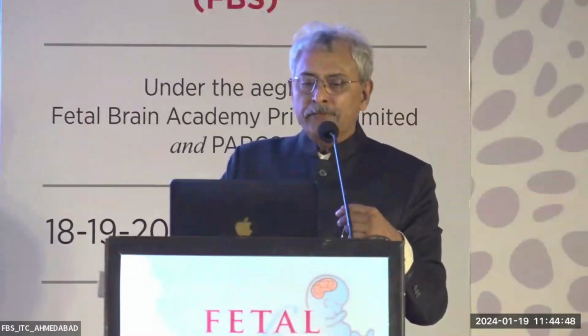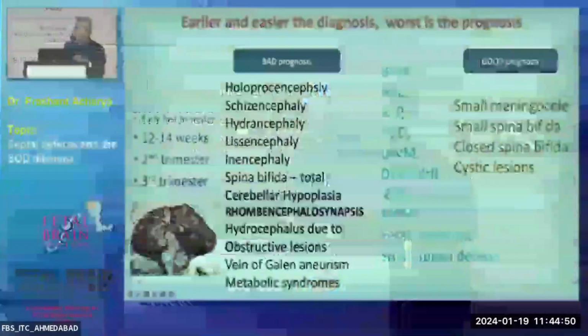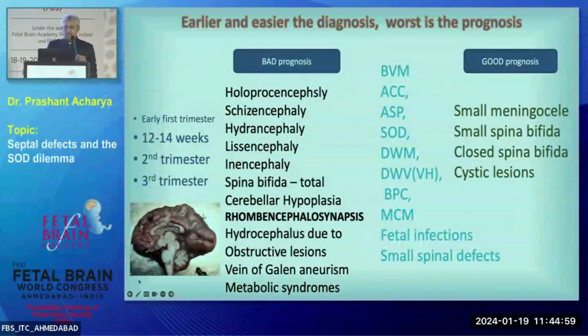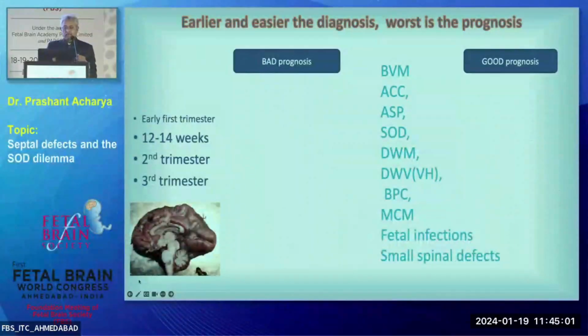If you really see, there are a few which have a really bad prognosis, and a few which have a good prognosis. My counseling to the couple then becomes simple. But there is a problem with the group in the middle: borderline ventriculomegaly, ACC, absent septum pellucidum, septo-optic dysplasia. What kind of outcome will the fetus have after birth, if they continue the pregnancy? Nobody knows.